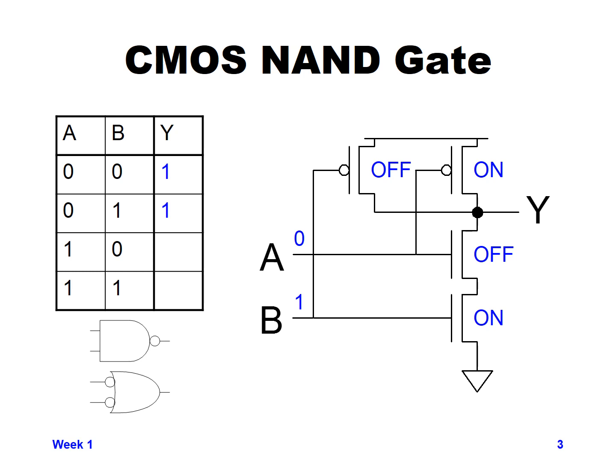For the next case where A is 1 and B is 0, the B input PMOS will be turned on, so you'll have a direct connection up to VDD through that PMOS.